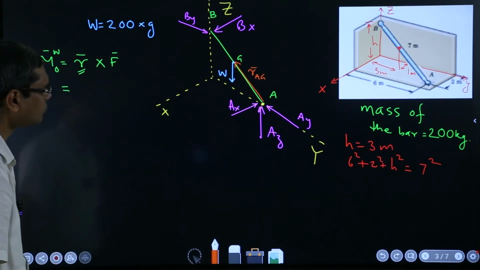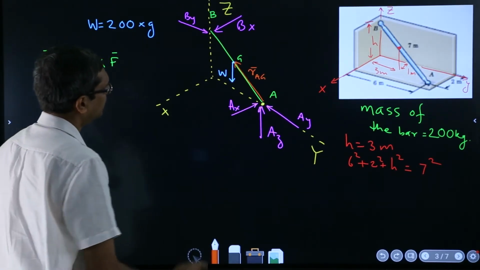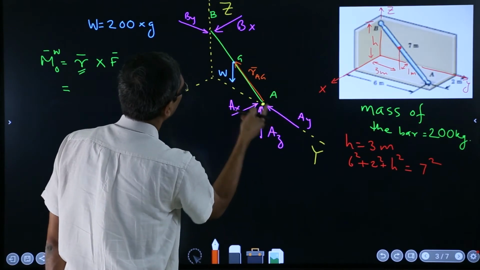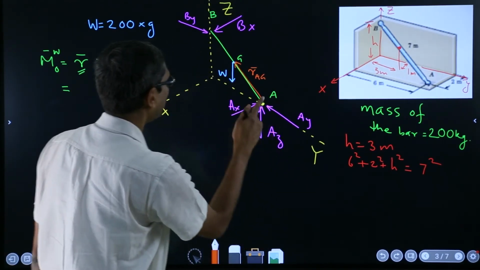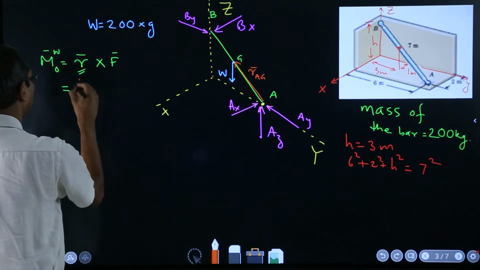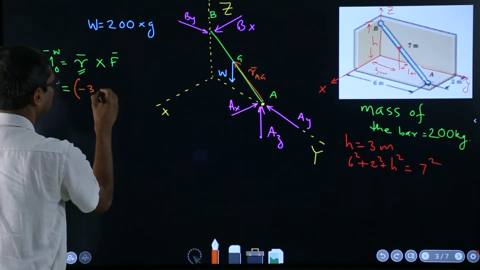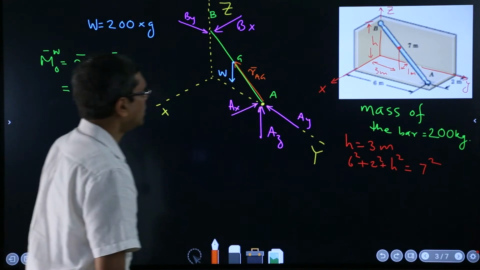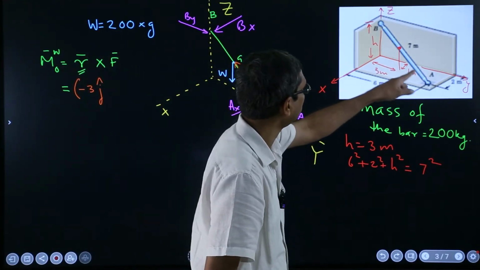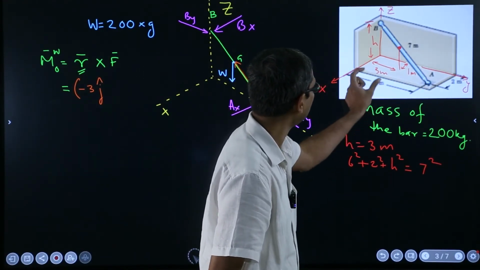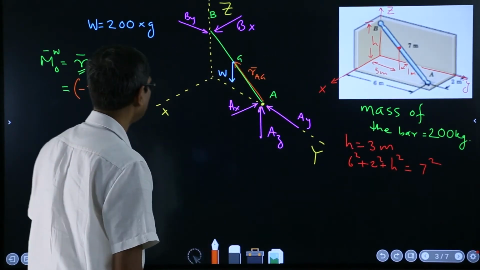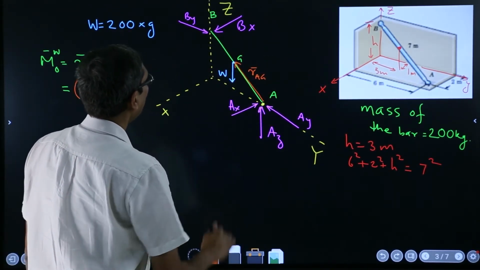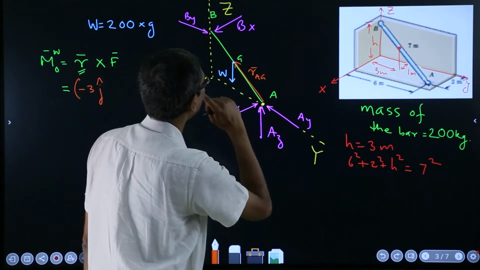How do you find that out? How much do you go in the negative y direction? By minus 3j. So you go backwards 3 meters, because this is 3, so this also is 3. So minus 3j. And you are going up how much?